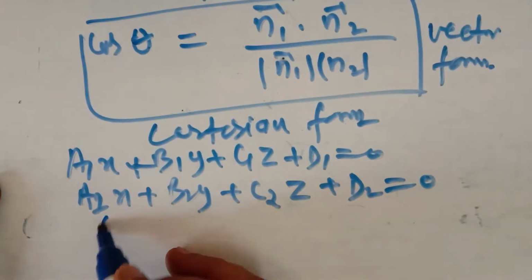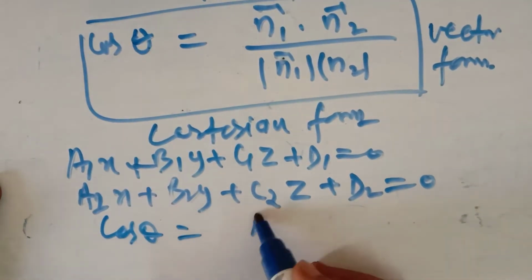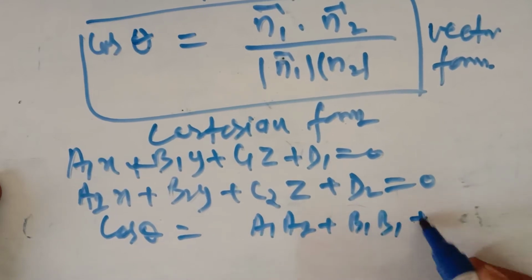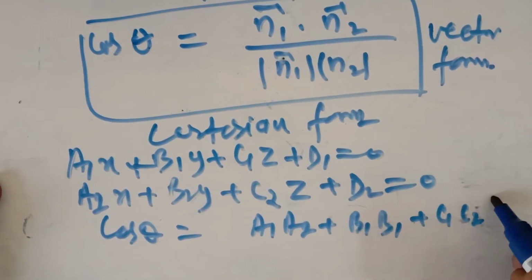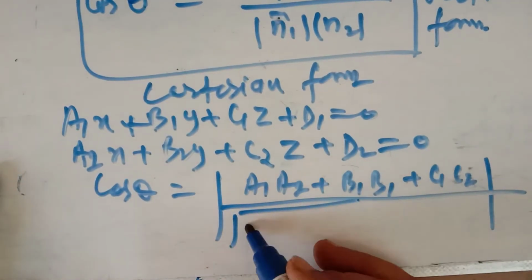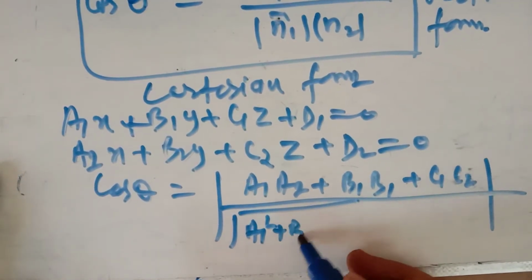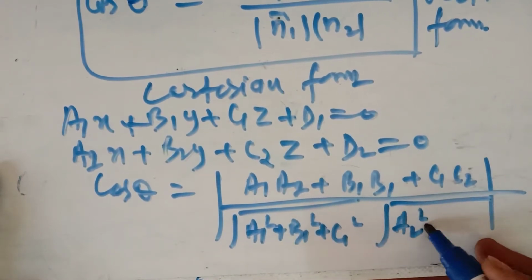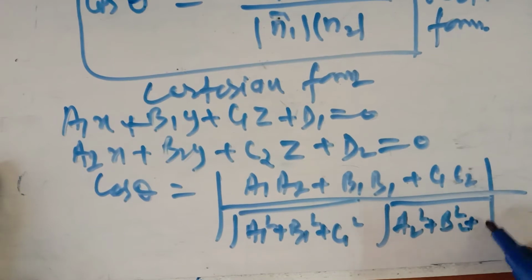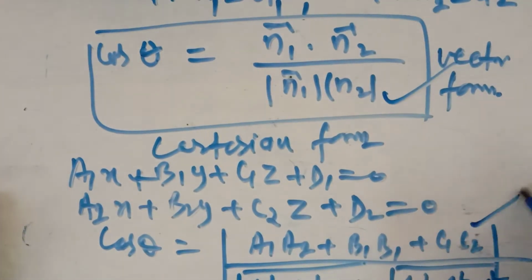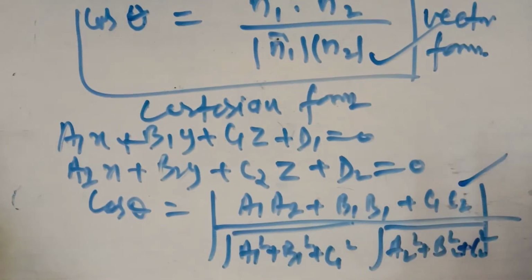The angle between them will be the modulus of a1 into a2 plus b1 into b2 plus c1 into c2, upon the square root of a1 square plus b1 square plus c1 square, into a2 square plus b2 square plus c2 square. This is the angle between the two planes, in vector form and Cartesian form.